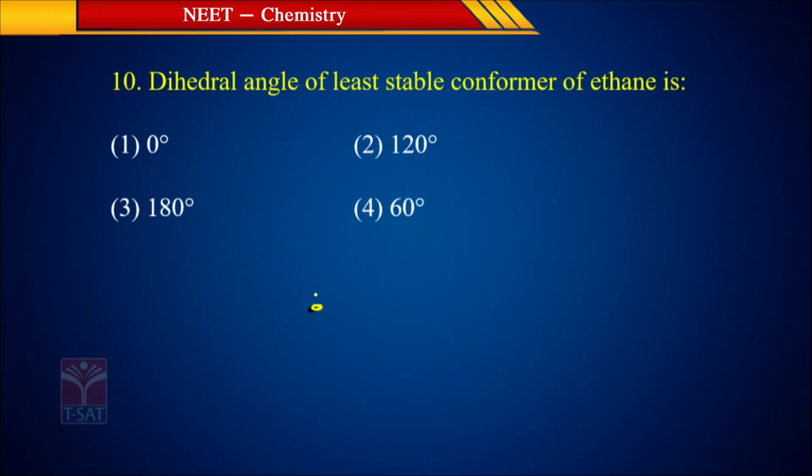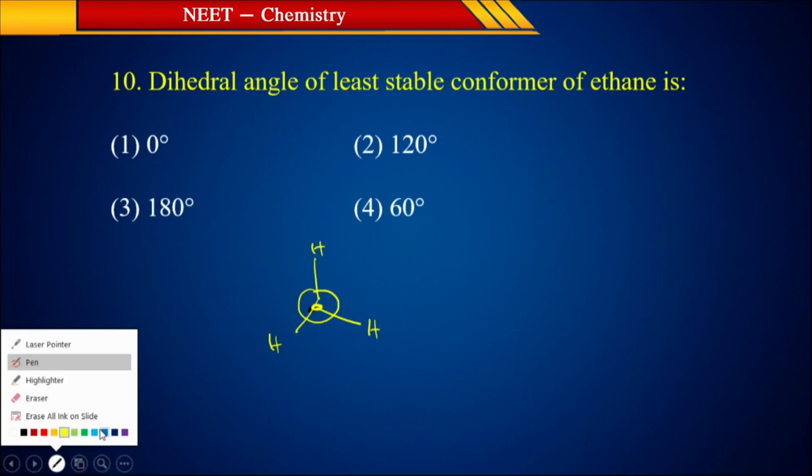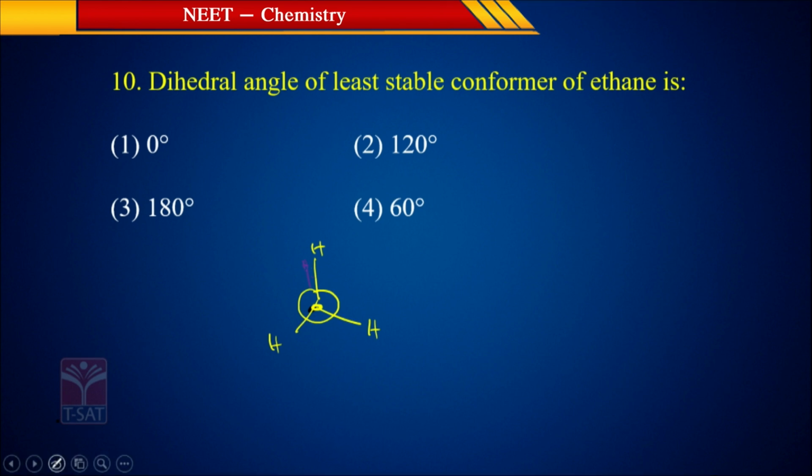Eclipsed means first carbon, second carbon, hydrogens, and the hydrogens of the other carbon exactly behind them. The angle between the hydrogens of the two carbons here will be 0 degrees. It is eclipsed, one on the other. So the correct option is: least stable conformation is eclipsed, so the angle is 0 degrees.